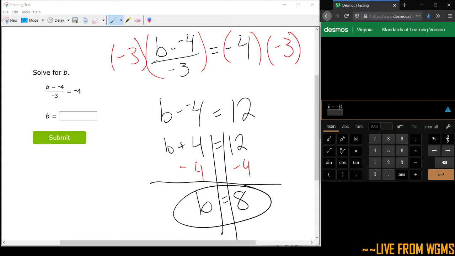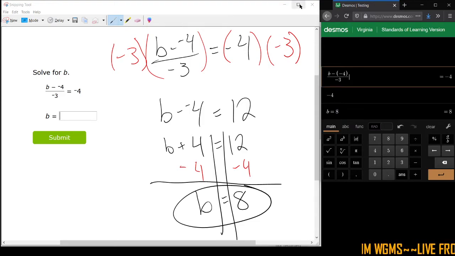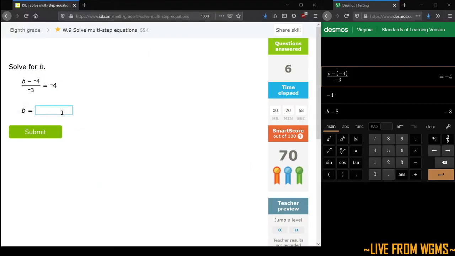If you need to, you can put those parentheses in it, so that way you're saying, hey, I have a negative 4, I'm subtracting by a negative 4. And then I'm saying, does that equal negative 4 when b is 8? And so yes, since it is the same value, again, these two lines are the same, so we know it is equal to 8.